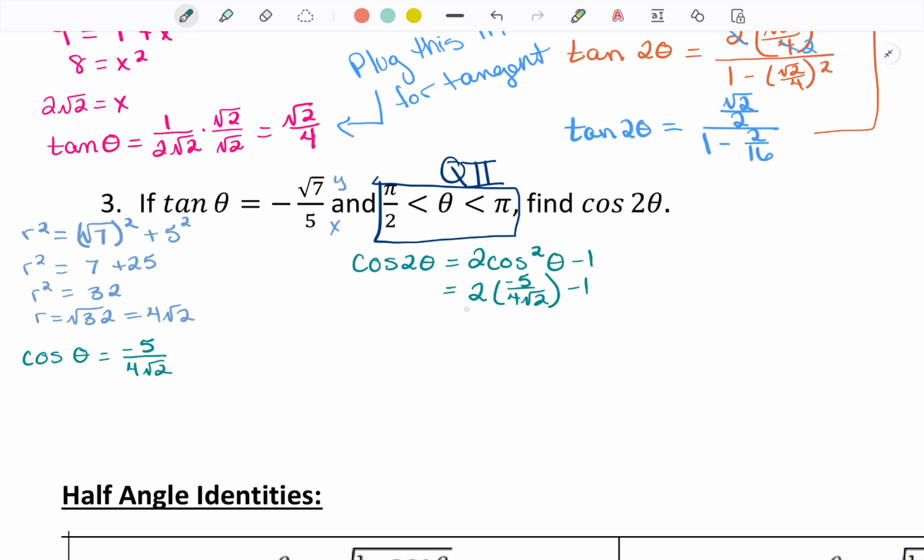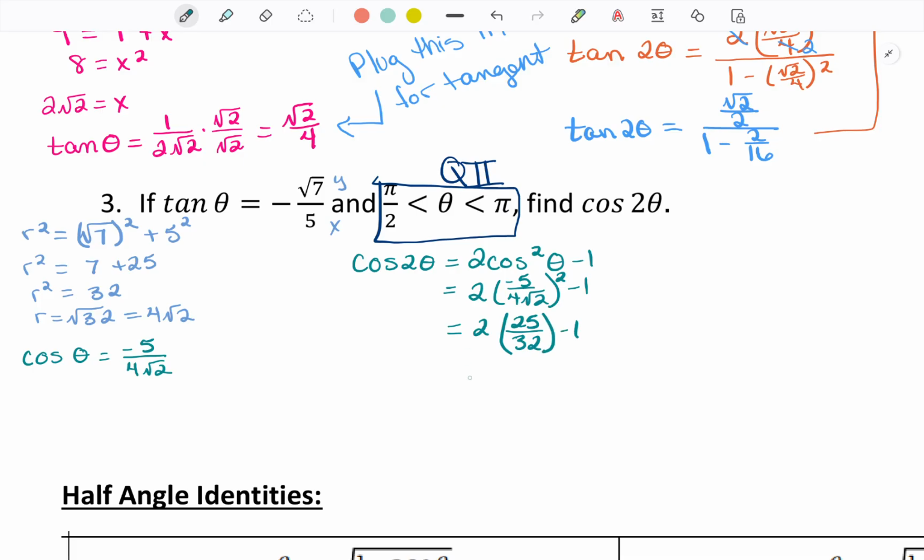And so when we multiply here, that's going to be squared. So we're going to square this, and it's going to be 2 times 25 over 32, because that 4 squared is going to give us 16. The square root of 2 squared is going to be 2. So this is going to be 32. And then we're going to subtract the 1.